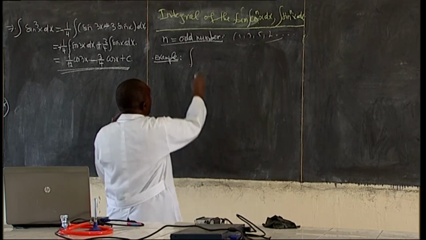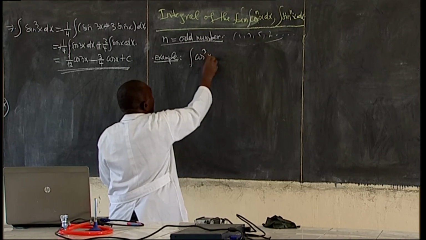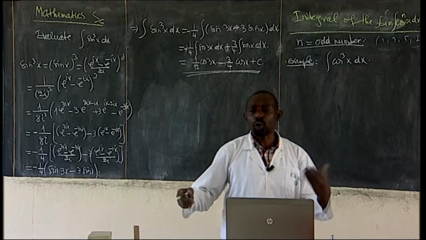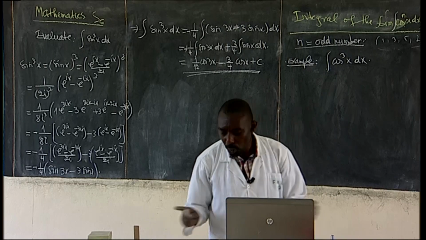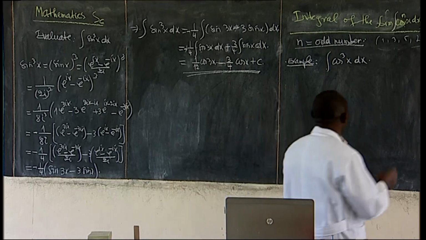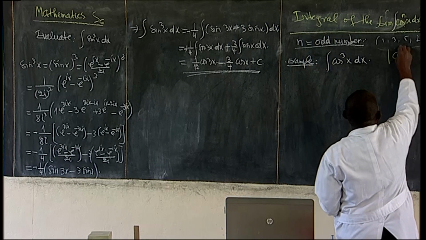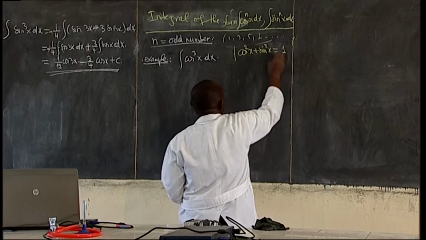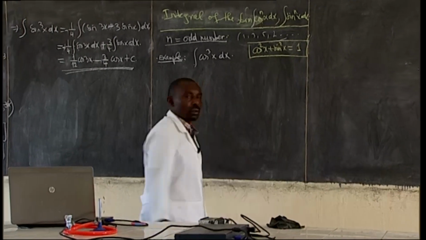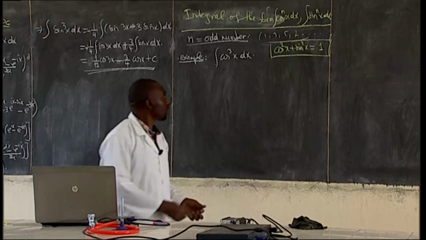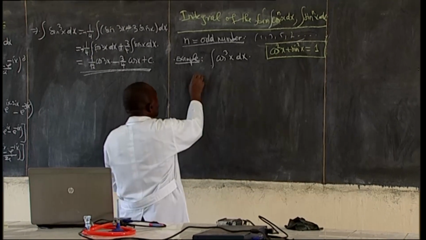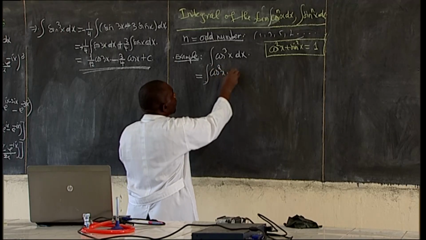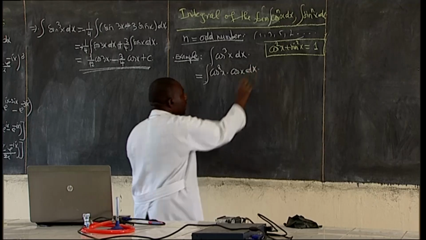Let us explain a few examples. Integral of cosine cubed x dx. How to evaluate those kind of integral? We can use this trigonometric identity, cosine squared x plus sine squared x equals 1 for any value of x. X is a real number, of course. So this integral can be written like this: cosine squared x times cosine x dx.